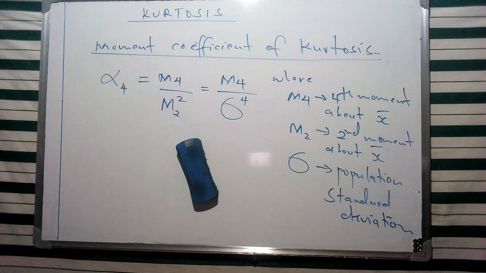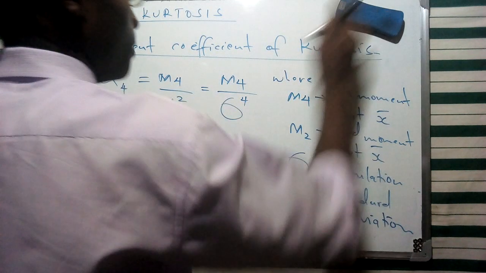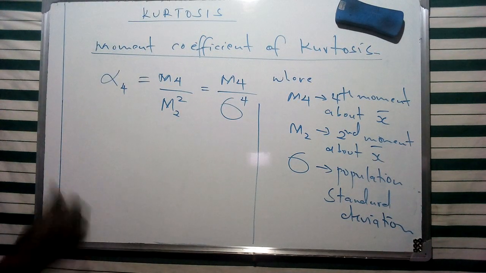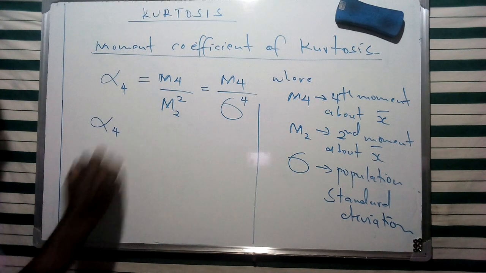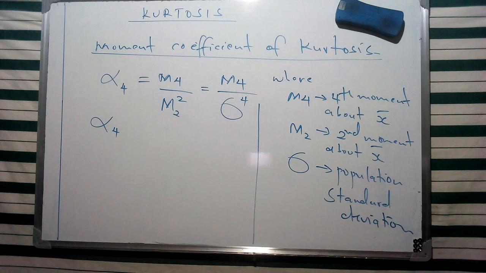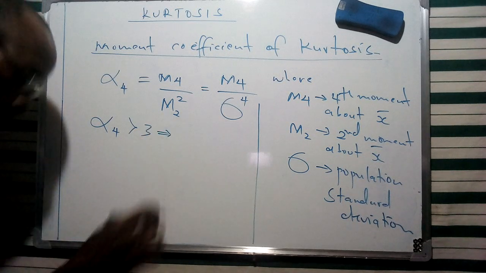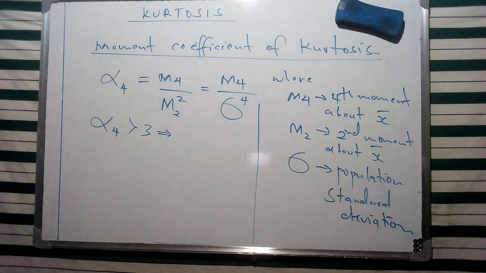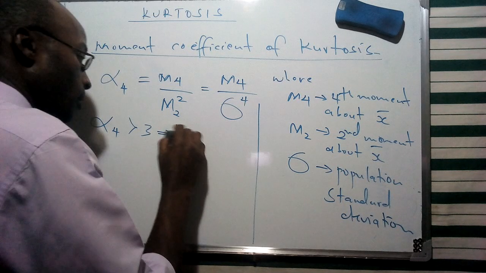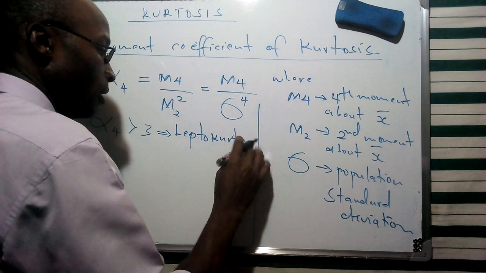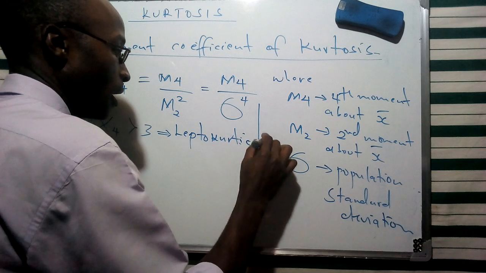Now, in this case, I have mentioned the concept of kurtosis, and we're going to have some specific values which are going to be attached to the value of this measure of kurtosis. So, in case we have the value of kurtosis greater than 3, this is going to display what we refer to as a leptokurtic curve.